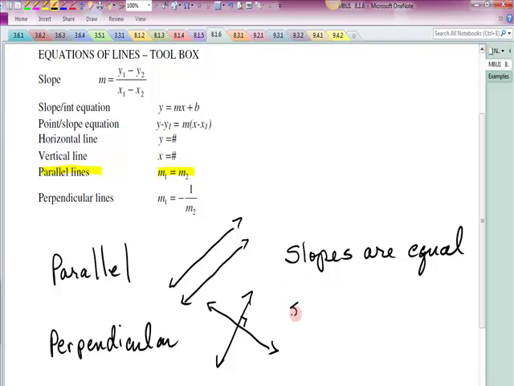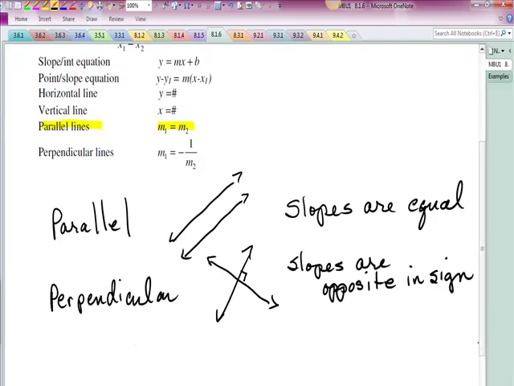For perpendicular lines, the slopes are two things: opposite in sign. In other words, if one of them has a positive slope, then the other one has a negative slope. They are also reciprocals of each other. If one of them is 2 over 3, the other is 3 over 2, but with an opposite sign.